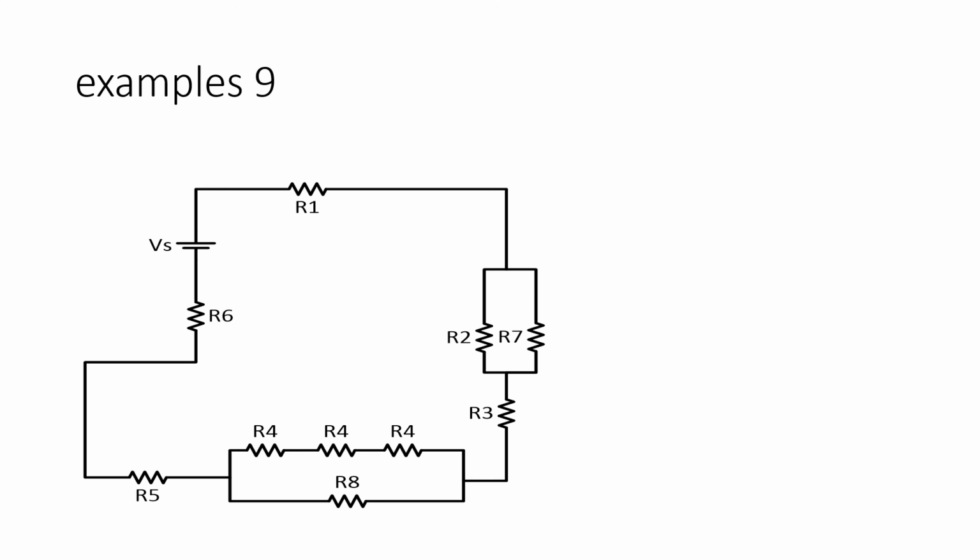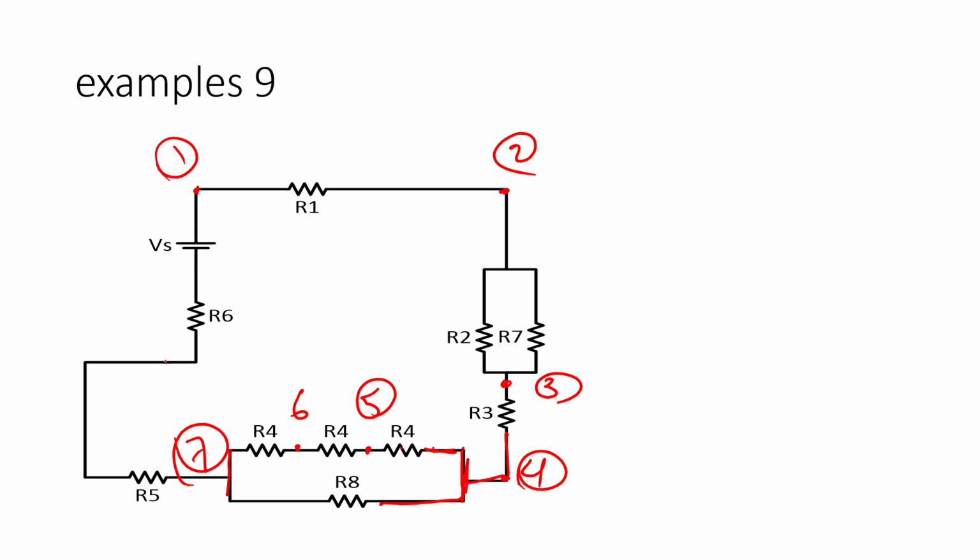This is an interesting example. Again, this is connection point 1, another connection point 2, third connection point 3, 4, all of this 4. When it comes here, 4 and mistakenly another 4, this is 5 and this is 6, 7, 8, 9.